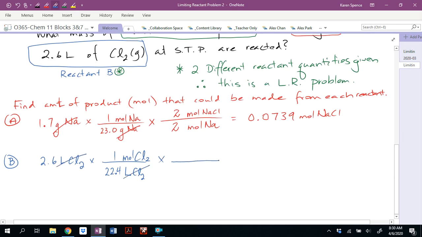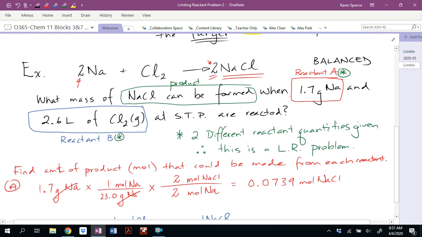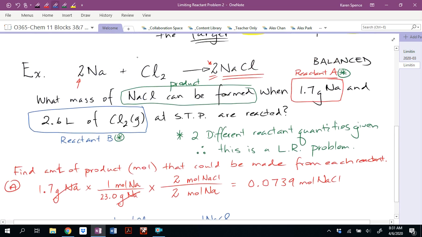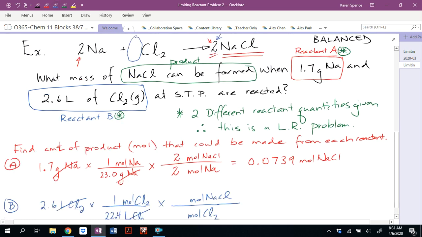And now we will use the mole ratio to convert moles of Cl2 into moles of product, in this case moles of NaCl. How do we know the mole ratio? We use the coefficients from the balanced equation. So backing up here, we see that there's no coefficient, so that's a 1 Cl2 for every 2 NaCl.